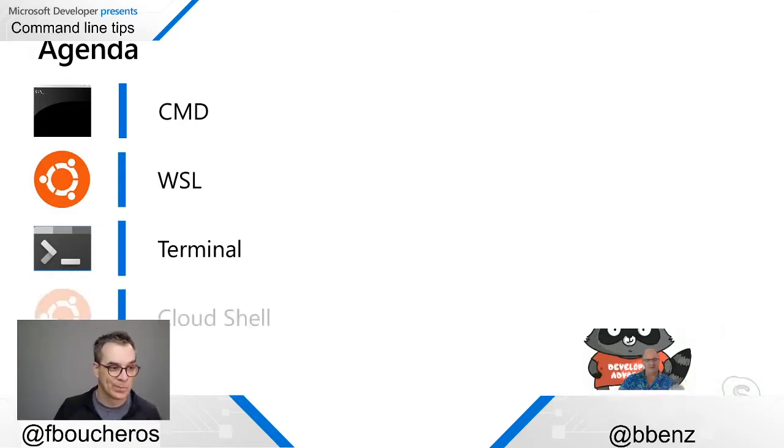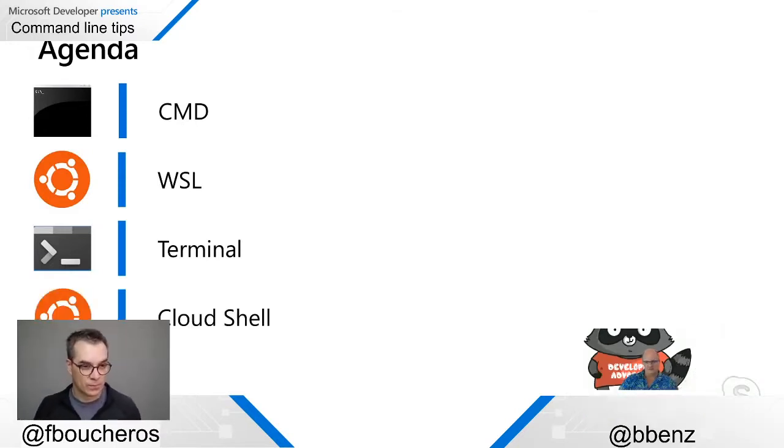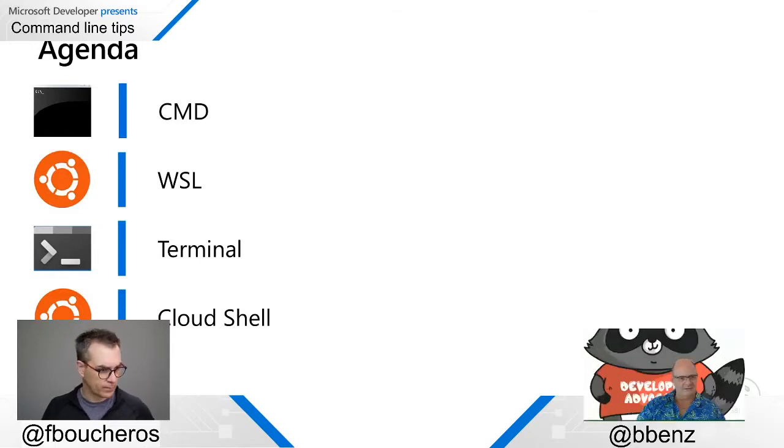And also the Cloud Shell. shell.azure.com has a ton of command line capabilities that you should know about. And last but not least, I'm going to show you a whole bunch of different command line tips and tricks you can use with VS Code as well, because VS Code actually has a command line built into it. It's not just for code editing.